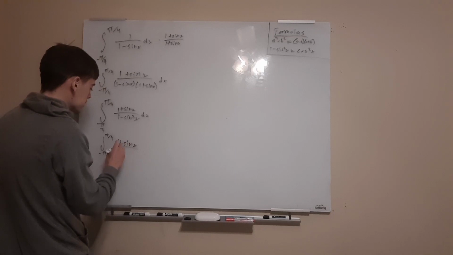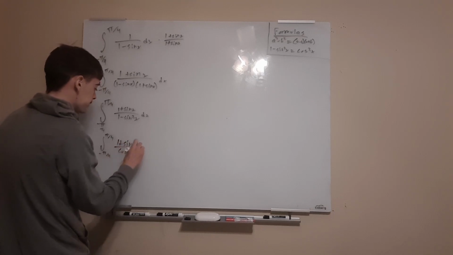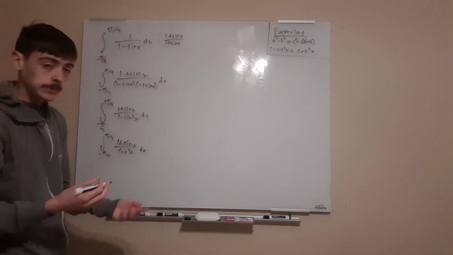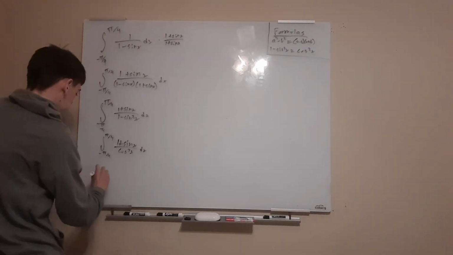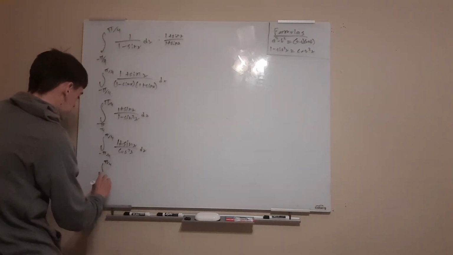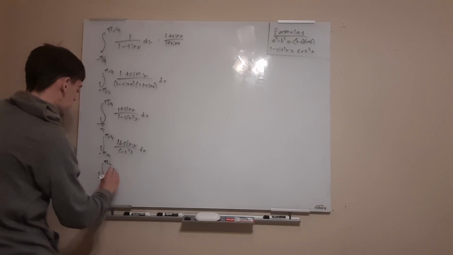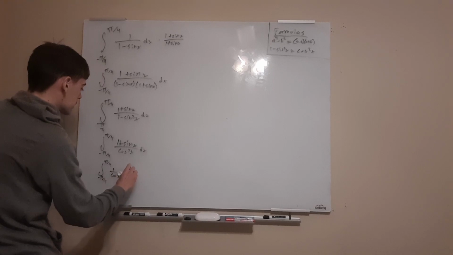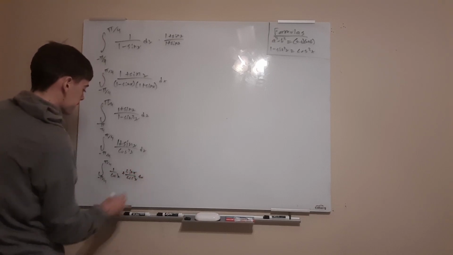So 1 plus sine x over cosine squared x. Things are a little simpler now, so what I'm going to do is actually split this into two different fractions. So the integral from negative pi over 4 to pi over 4 of 1 over cosine squared x plus sine x over cosine squared x dx.